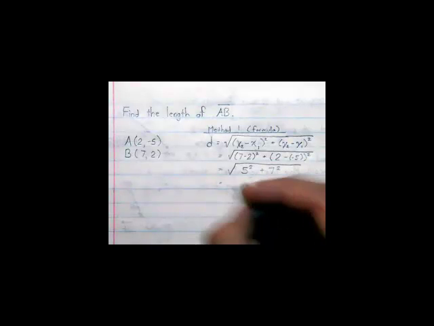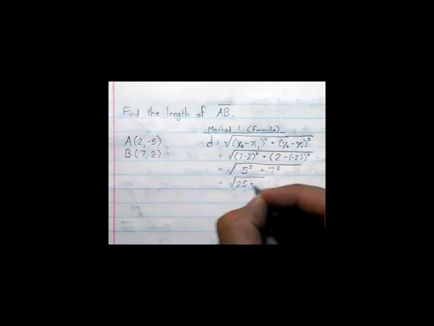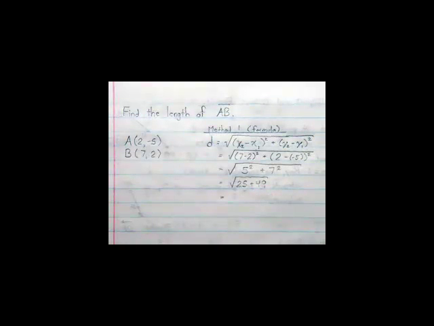Then we do the squares. What's 5 squared? What's 7 squared? 25 and 49. And 25 plus 49 is 74, good.